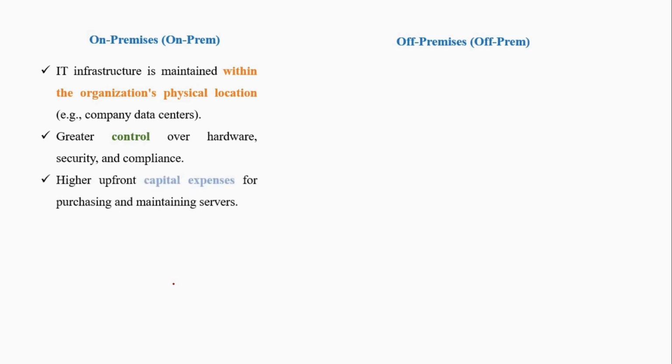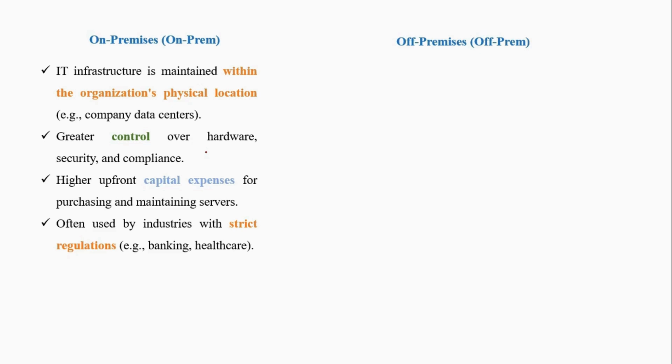So obviously there would be more investment required, which means an increase in the upfront capital expense, because every year there are updates happening in the market. We have to update the servers, the software, and purchase all the licenses. So it's obviously going to have a high upfront cost.